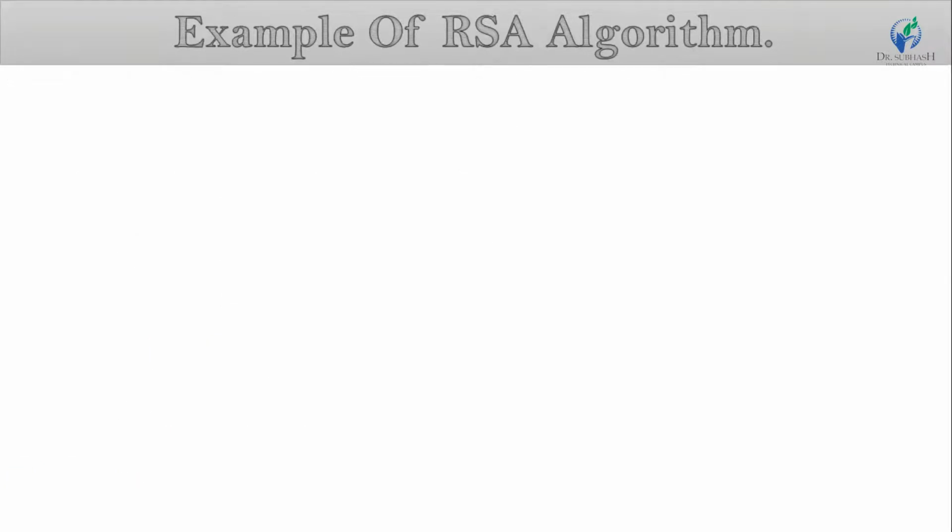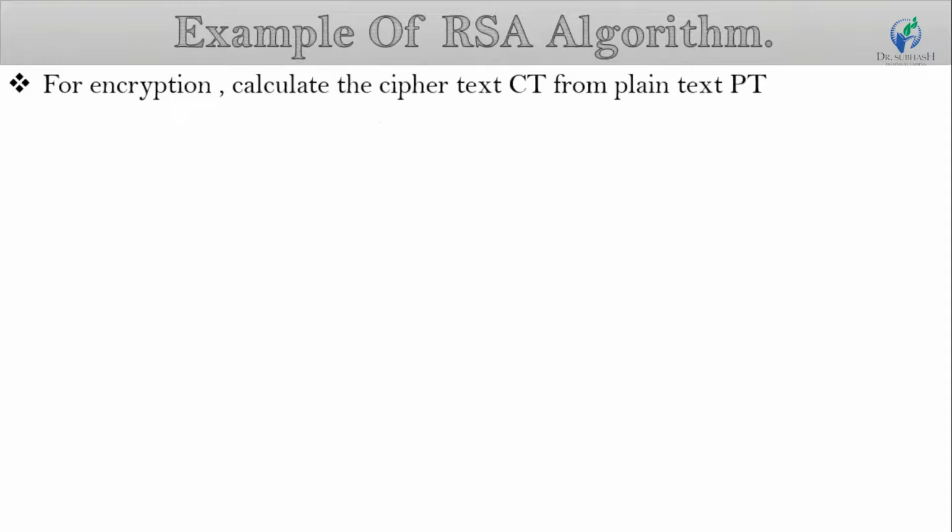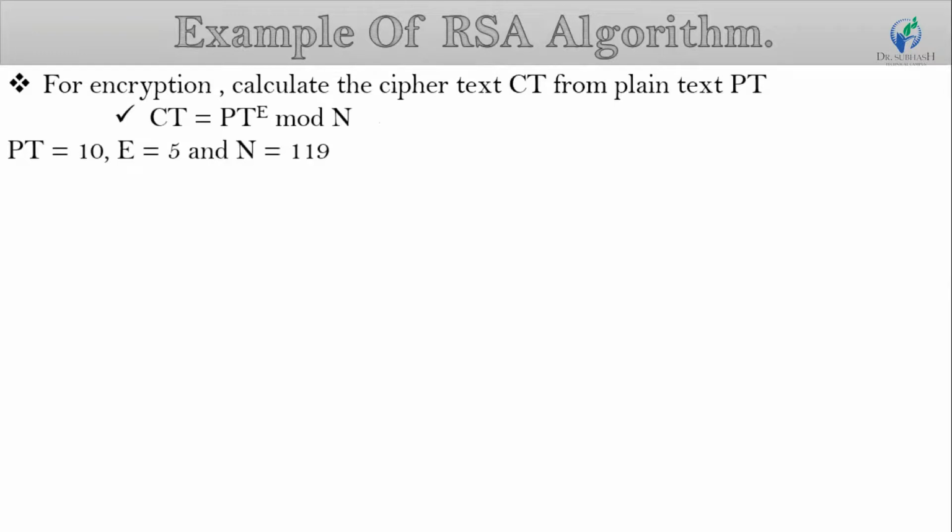Now, for the encryption, we calculate the ciphertext CT from plain text PT. So, our equation for the ciphertext is CT is equal to PT raised to E mod n. Now, we put the value of PT is equal to 10, E is equal to 5, and N is equal to 119 in this equation.